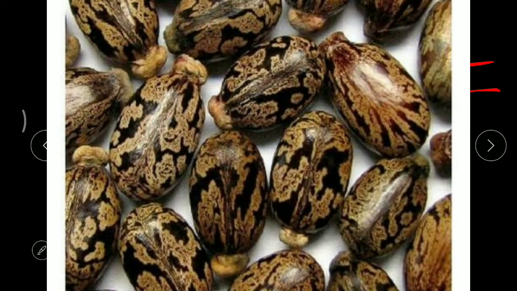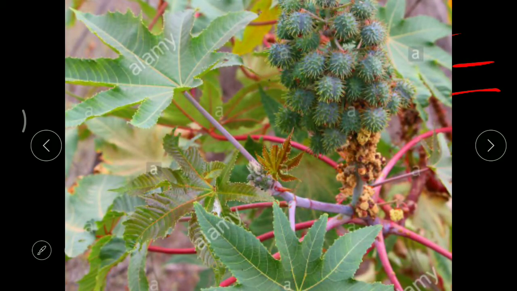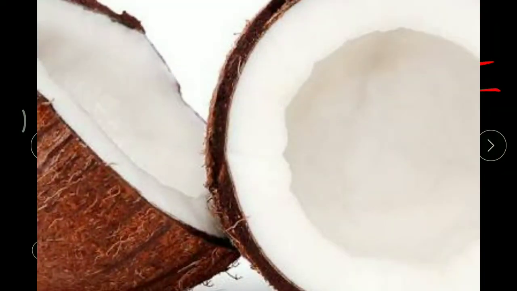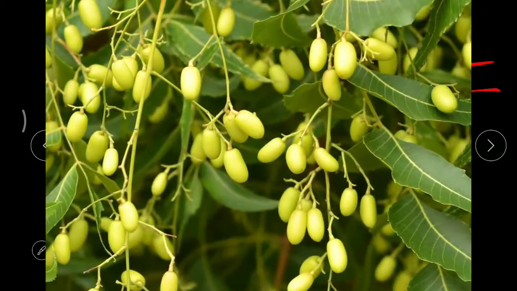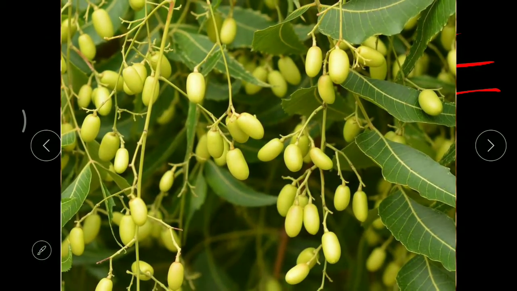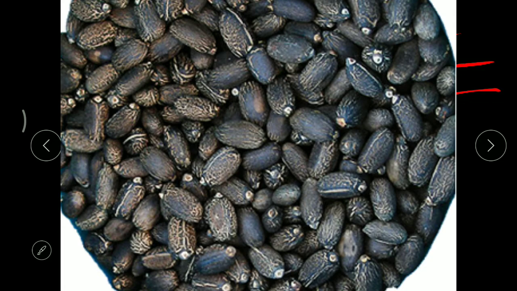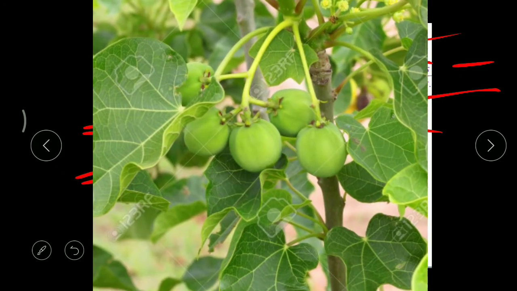Have you seen this picture? Seeds. These are castor seeds. And if you observe this plant, have you seen this plant? So what do you call this plant? It's amudam, right? Then coconut, then neem, then jatropha. Even in Telugu, we call this jatropha. Have you seen this?